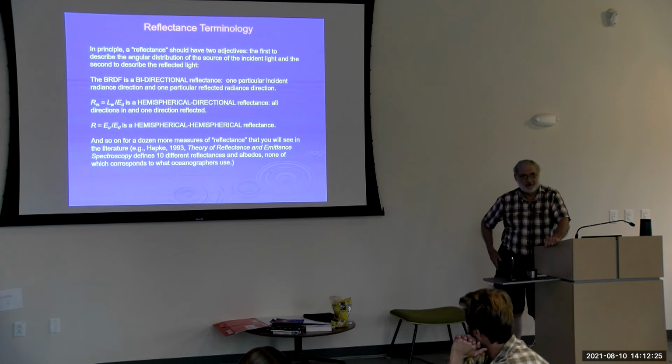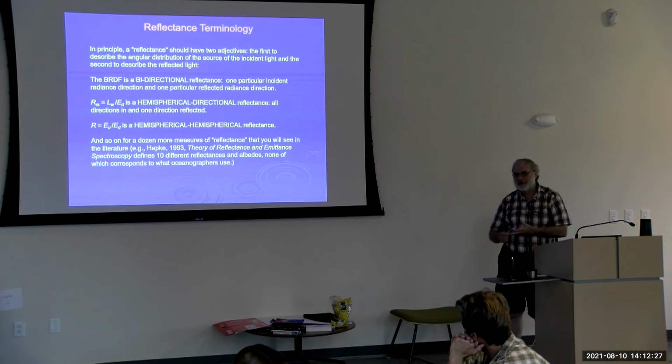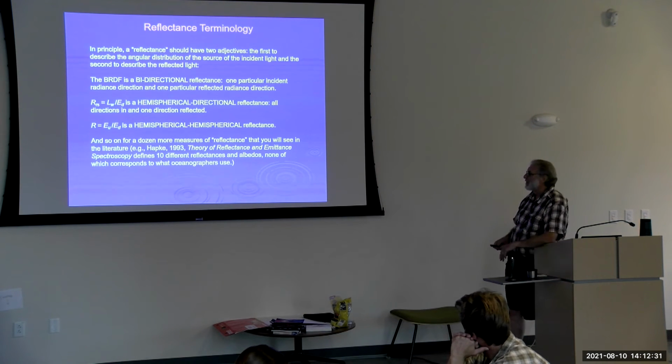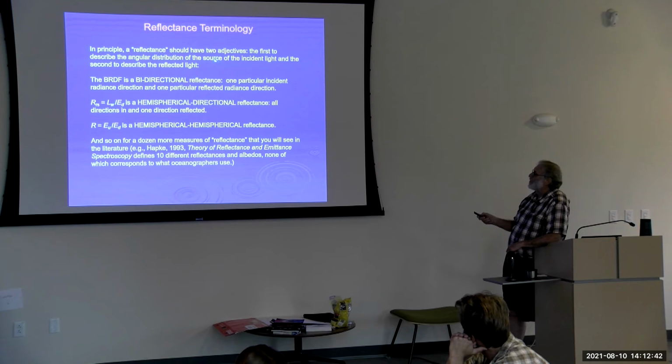And of course, every field, like the paint industry and the oceanographers and all of those guys, they've all developed different terms for the same thing. But in theory, the word reflectance is always supposed to have two adjectives before it. The one that describes the angular distribution of the source of the incident light, and the second that describes the reflected light.